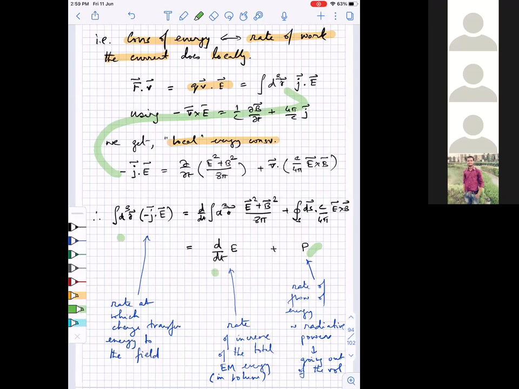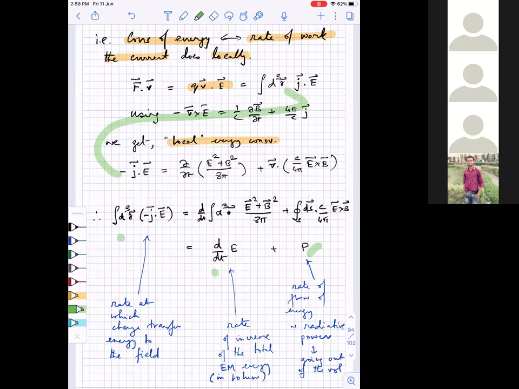So this tells me that if I calculate the work done, this gives me an alternative way of calculating the radiation flux, the Larmor flux that we did before. What is the radiation flux from a charge in a local region?